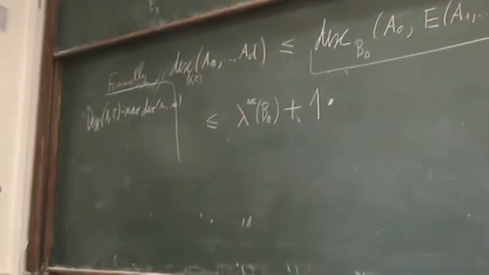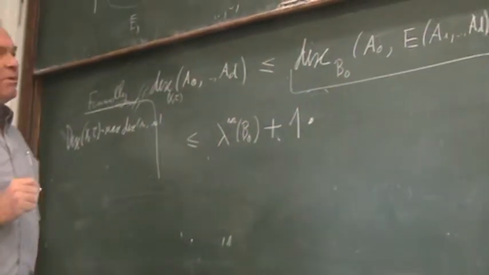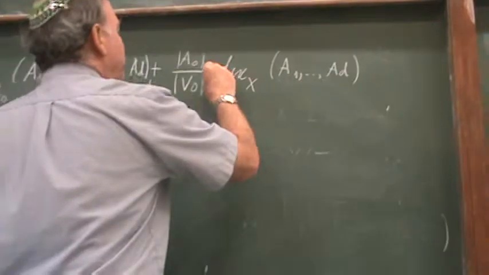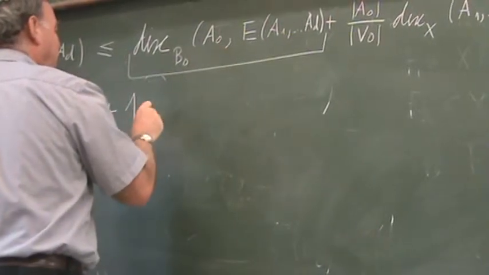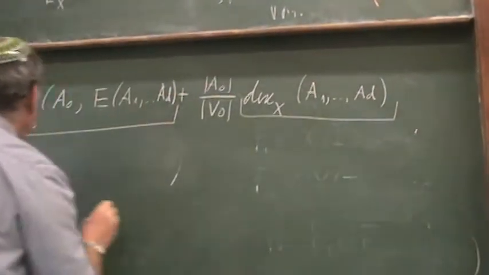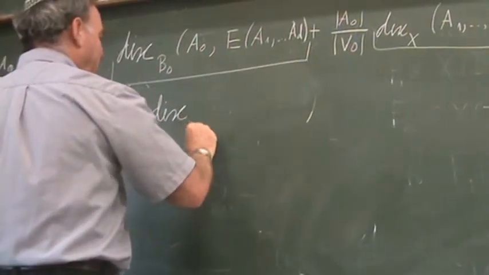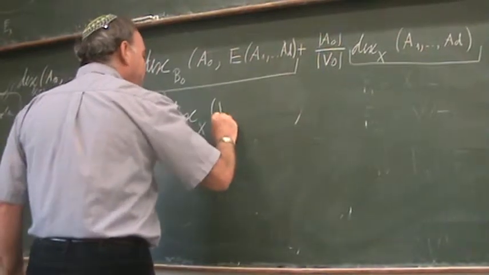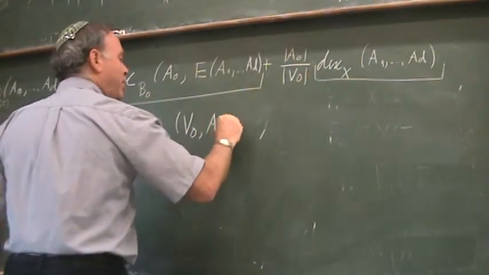But I can do now exactly the same trick. It doesn't matter because you remember. Okay, I'll do it slowly. This is by lemma 1. Now I'm going to use lemma 0. Lemma 0 told me that this discrepancy is the same as the discrepancy of X of the full set V0, A1 up to AD.